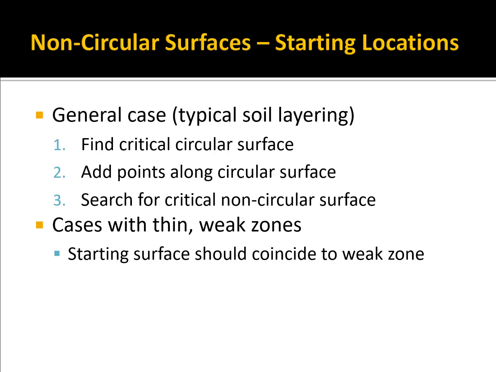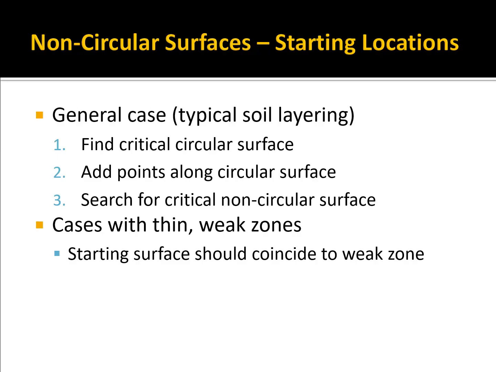If you have a non-circular failure surface, one strategy you can use is to find the critical circular surface and then add a series of points along the circular surface and use that as a starting point to search for a critical non-circular surface. If you're dealing with a really important slope stability analysis, this is probably a good strategy.